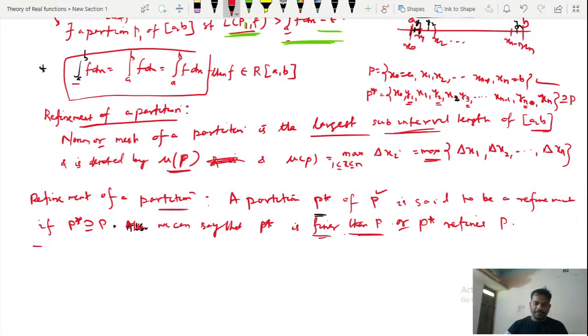Then comes a theorem, a theorem which is related to this partition.